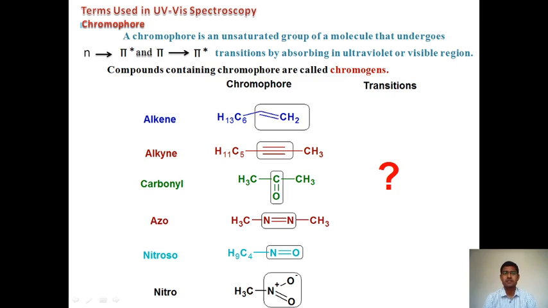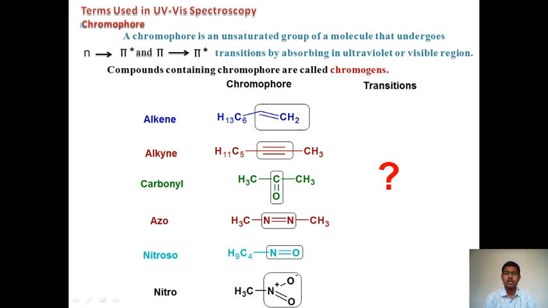Let's see the examples. In alkenes, CH double bond CH2 is the chromophoric group. In alkynes, it is C triple bond C. Since they contain pi bonding orbitals and pi star anti-bonding orbitals, by absorption of energy, an electron from the pi bonding orbital can be promoted to the pi star anti-bonding orbital, hence they are called chromophores.